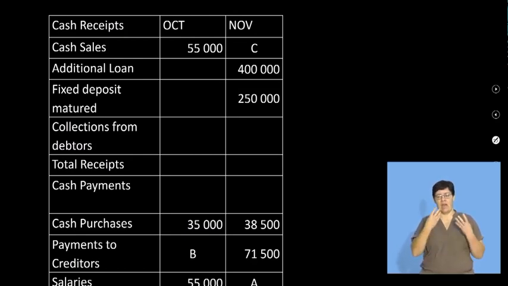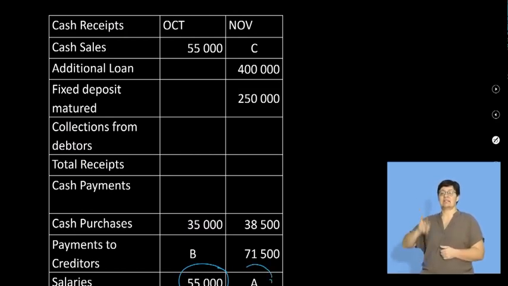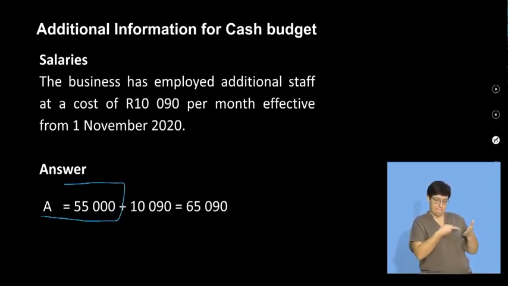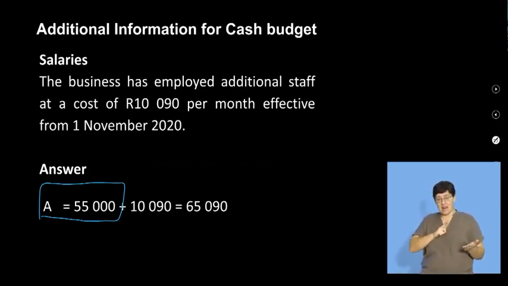Okay, this means therefore, what are we going to do? Here we have our salaries for October, which was 55,000 that was given to you. You are expected to calculate the salary now for November. Right? Here we go. You start off by taking the figure that you have already, which was your 55,000. That was the previous month. Now you are told that you have a new employee, right?